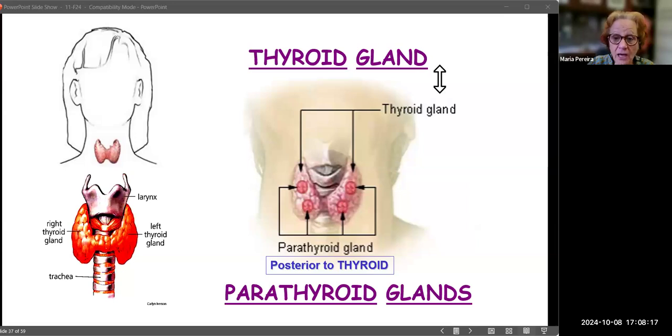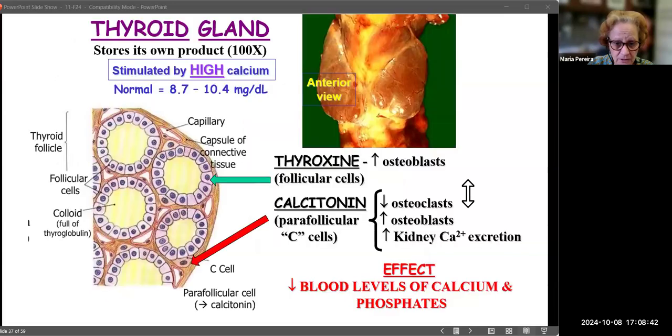Now let's go to the thyroid gland. The thyroid gland is here in the neck region, and it has this butterfly kind of shape. Behind the thyroid, we have 4 parathyroid glands. Each of these produces hormones that are important for regulating calcium homeostasis.